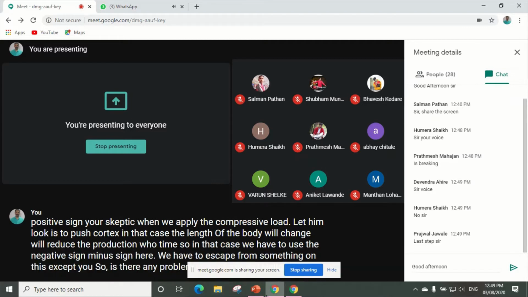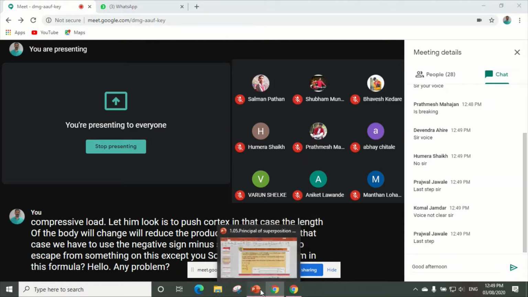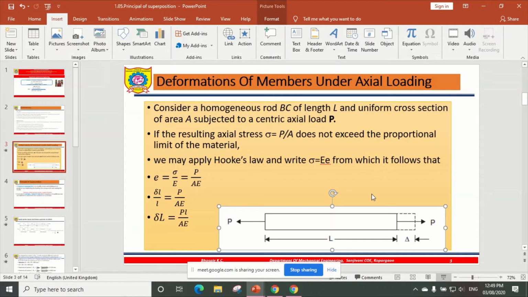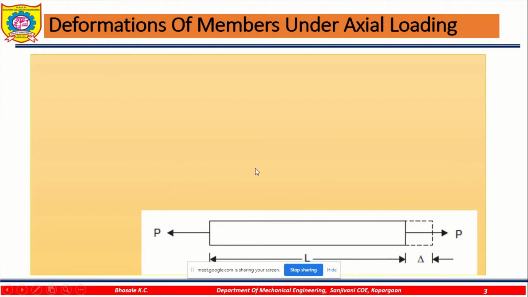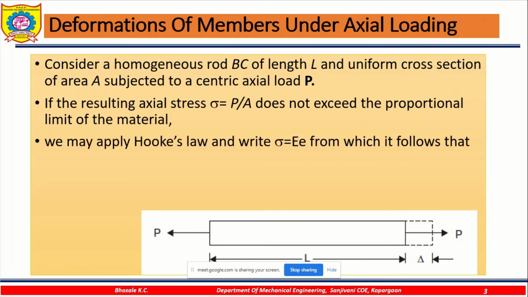Is there any problem in this formula? सगळ्यांना समजलंय का डेल्टा एल, हाऊ टू फाइंड आउट डेल्टा एल? हॅलो. आता येतं का क्लिअर? हॅलो.